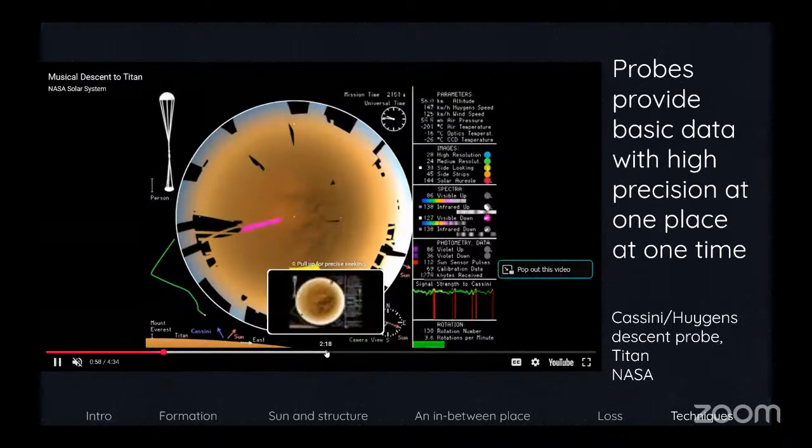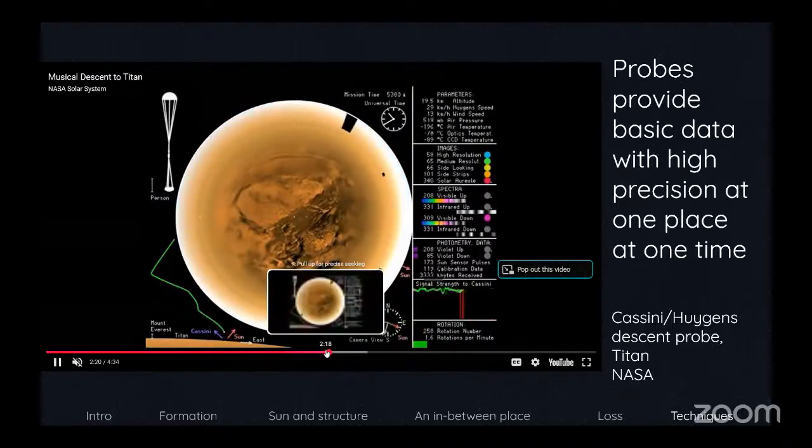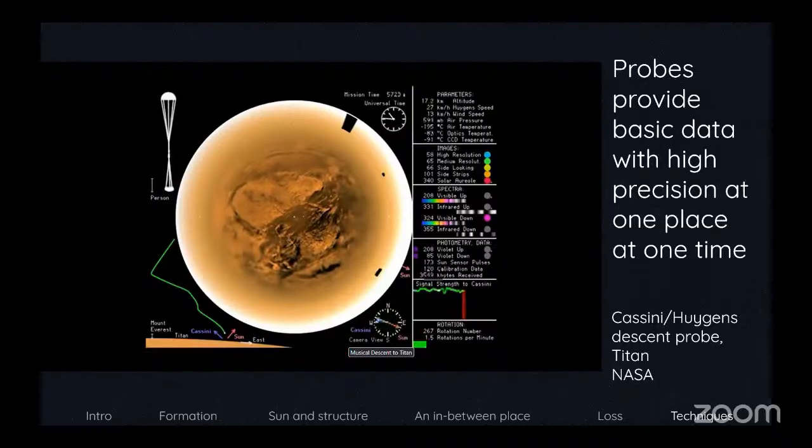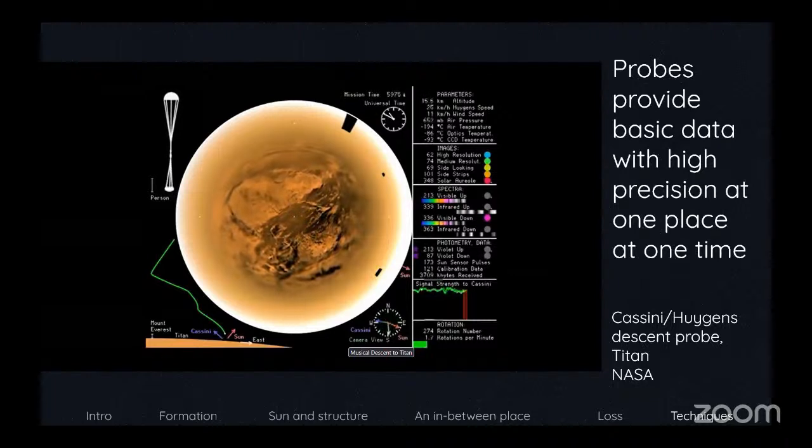So it's sort of building up the view as it goes down. I'm going to skip ahead a little bit just so we can get to the cool part where it hits the surface. So you can start to see things coming into view. Titan is not unique in this, but it's pretty cool that it's covered in this dense photochemical haze. So if we look at it from out in space, it has this very opaque yellow appearance.